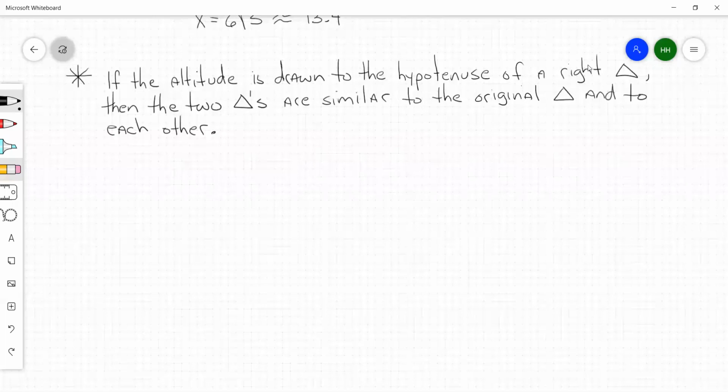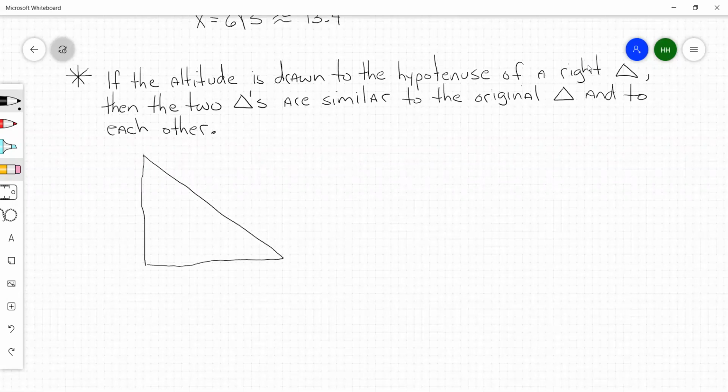So if we take a right triangle and call it ABC, and then an altitude.